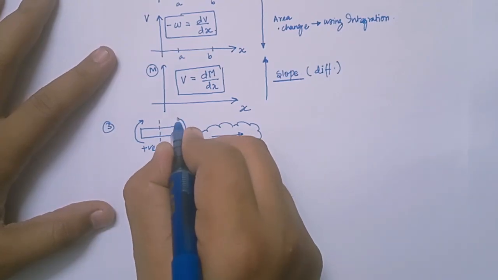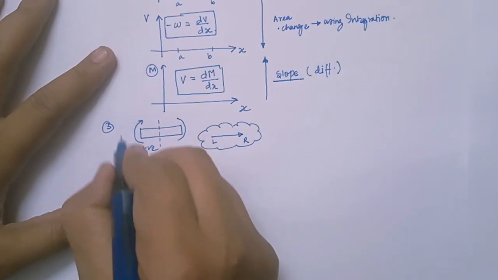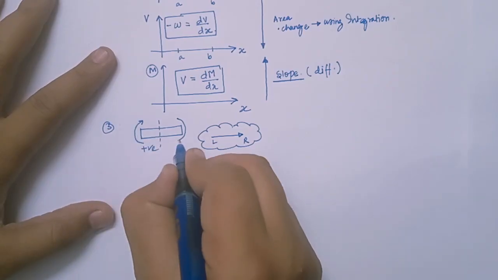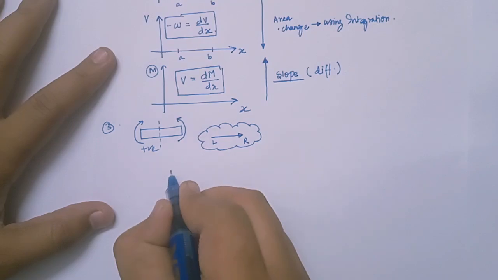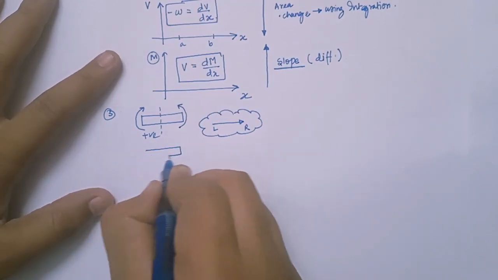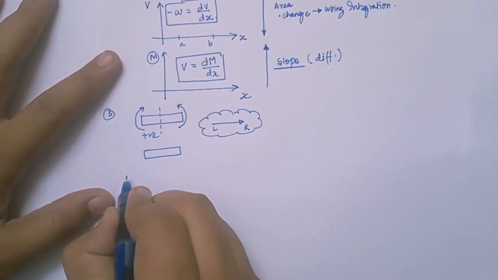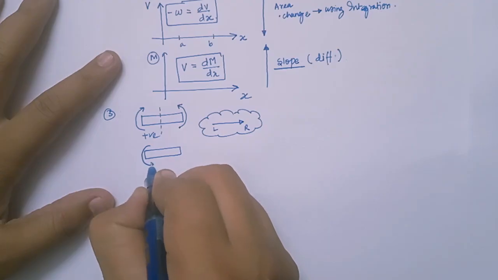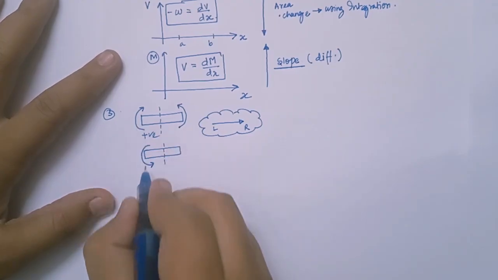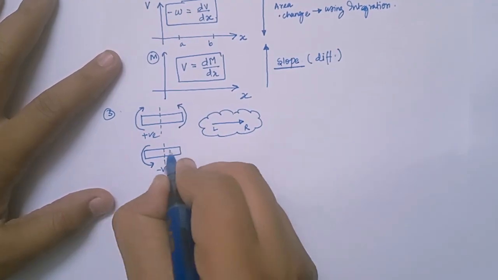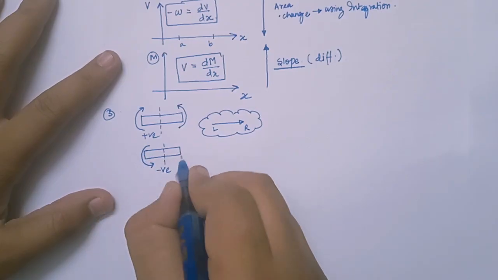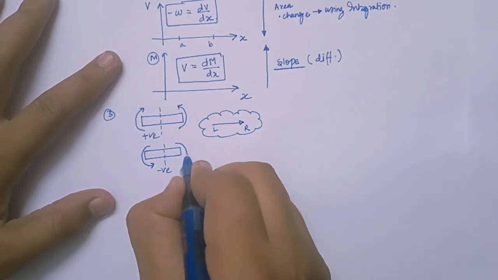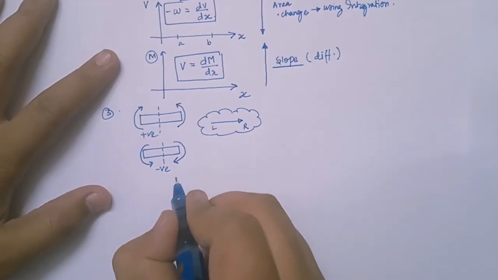So on the right side the clockwise will be negative. That means anti-clockwise will be positive, right? Similarly, if clockwise is positive, anti-clockwise will be negative, obviously, right? And on this side, opposite of this, so here clockwise will be negative, right?